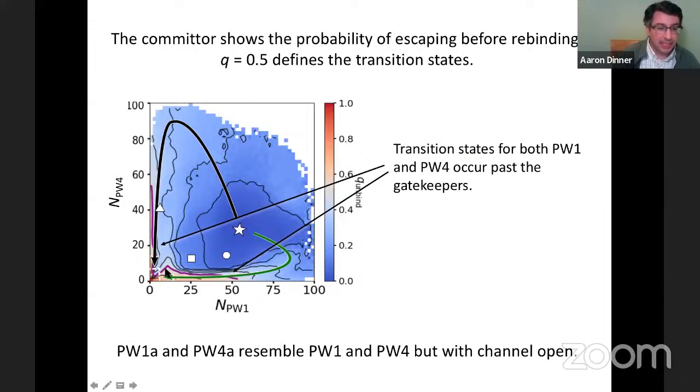Those are marked by the purple lines in this committor plot. What's actually really interesting is that the transition states are quite late in the process. So they're once the phenol has already gotten past the gatekeeper residues, which I don't think I would have guessed before doing the simulation.